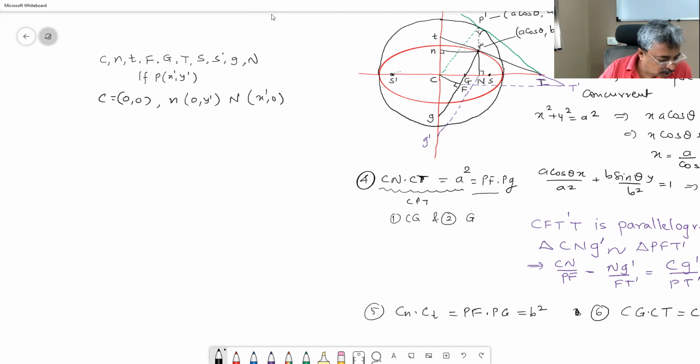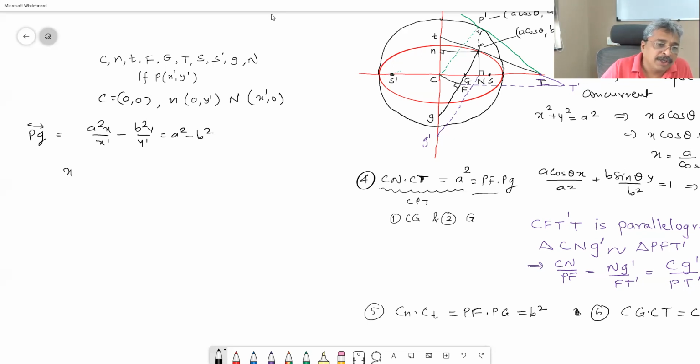So what is the equation of the normal? a square x upon x dash minus b square y upon y dash is equal to a square minus b square, that is the equation of the normal, which is PG, and you want the foot of perpendicular from the origin onto this.